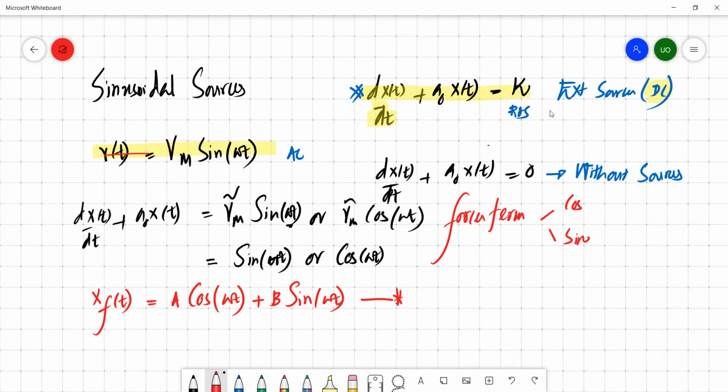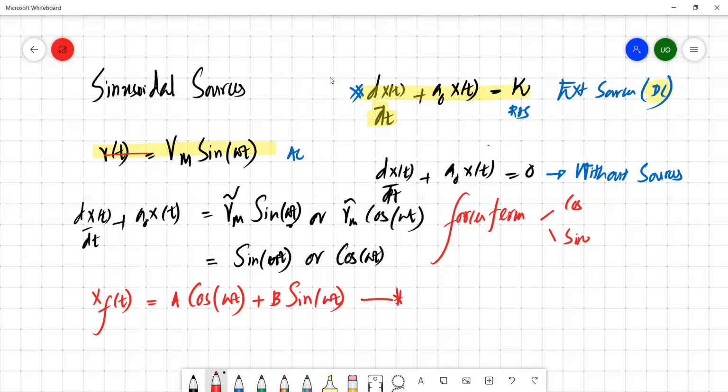If we want to find the trial solution for this kind of scenario, the trial solution for the forced response would ideally match the pattern of the right hand side, or the force term. If it is a constant, we can propose a forced response which is again a constant.